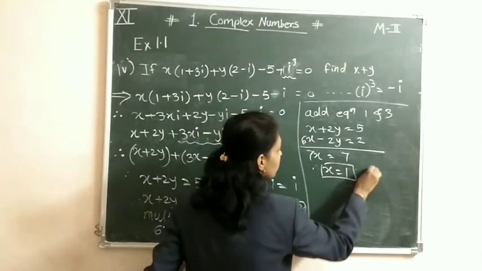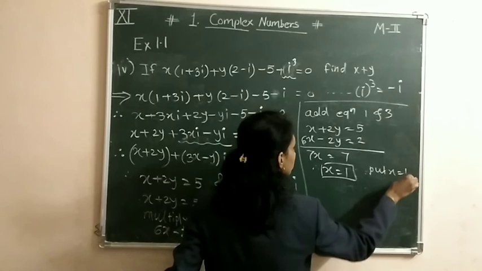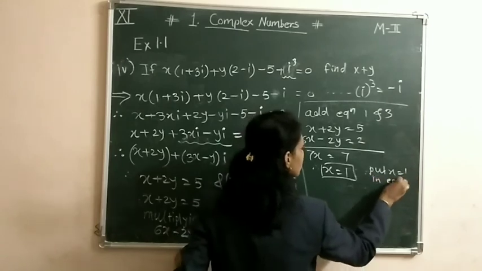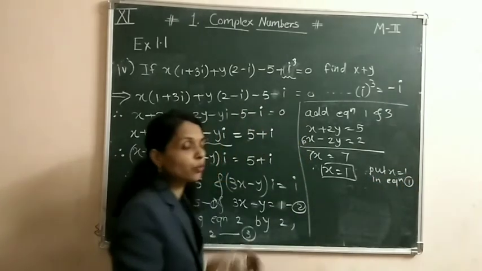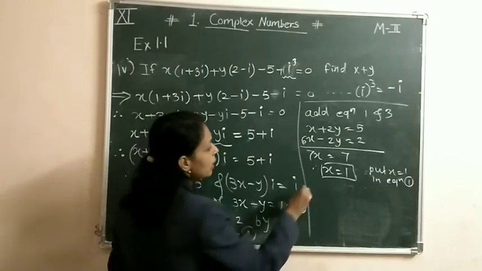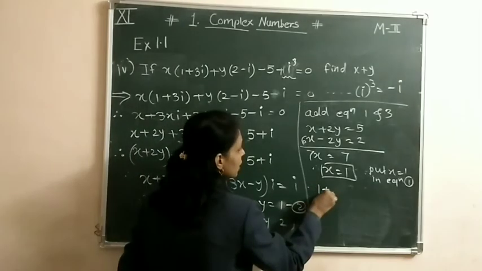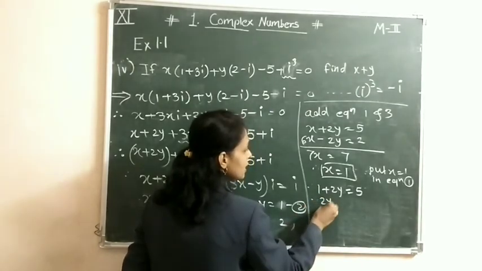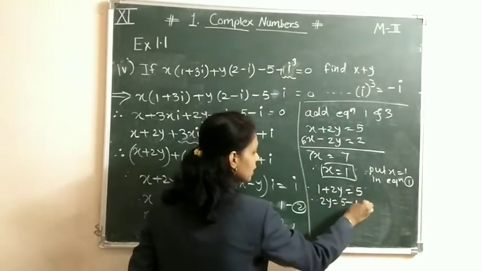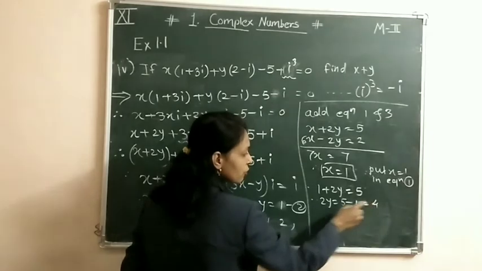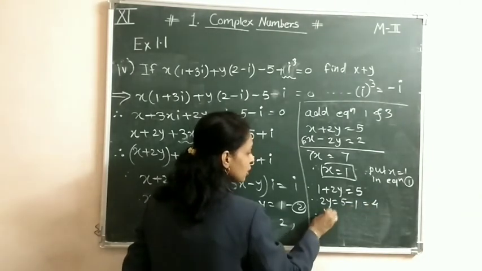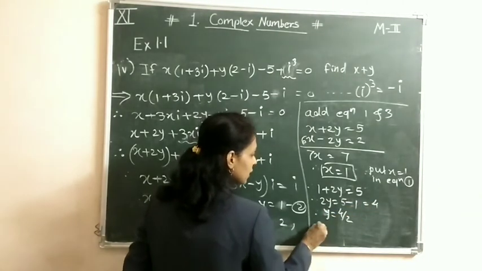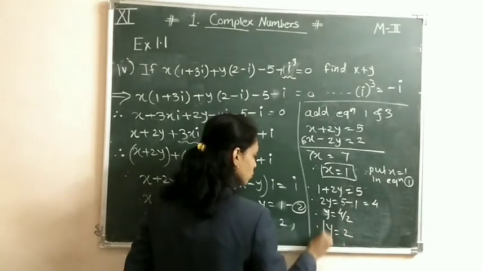Therefore, put x is equal to 1 in equation 1. We can put it in any equation; we will get the same value. Therefore, 1 plus 2y is equal to 5. Therefore, 2y is equal to 5 minus 1 is equal to 4. Therefore, y is equal to 4 upon 2. Therefore, y is equal to 2.